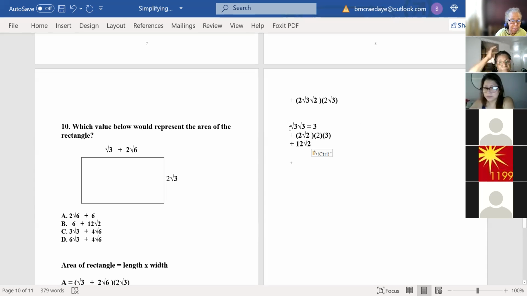Because the square root of 3 times square root of 3 is just a 3, right there. But up here I had a 2, and then I had another 2. So I have 2 times 2 times 3 is 12, and then my square root of 2 is left because that's a prime number. I can't simplify that anymore. Questions? Number 10.